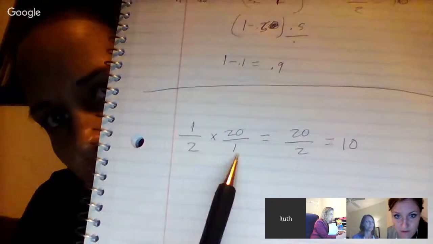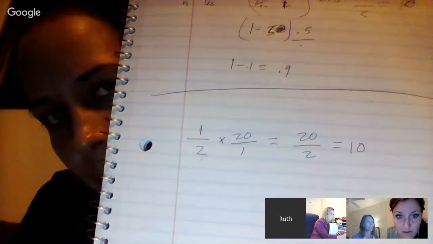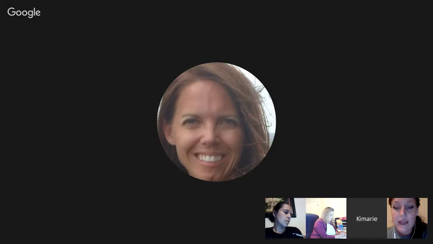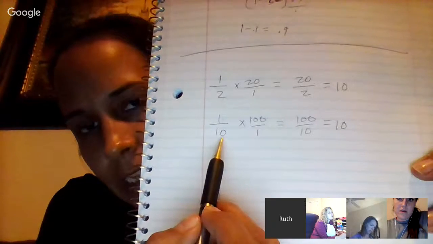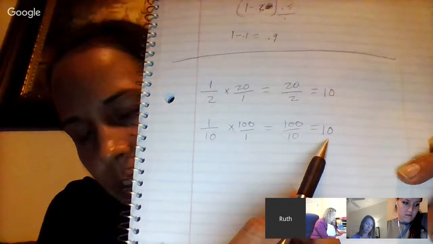Then when you times them straight across, you get 20 over 2, which equals 10. It's the same thing with the next one. So 1 over 10, and then 10 times 10 equals 100 over 1. So when you times those straight across, you get 100 over 10 equals 10.